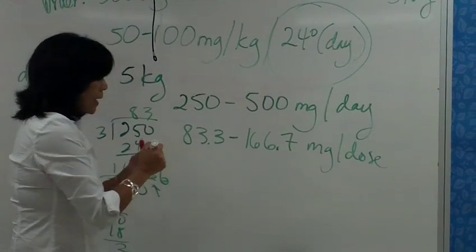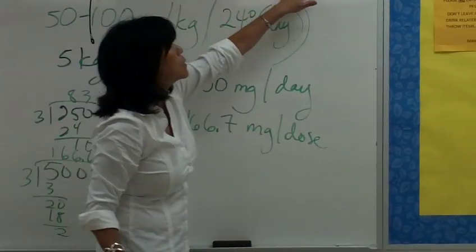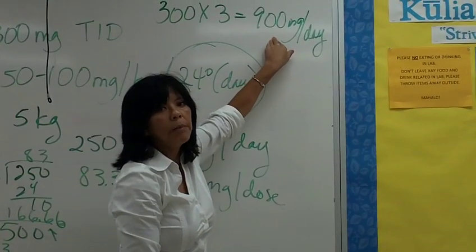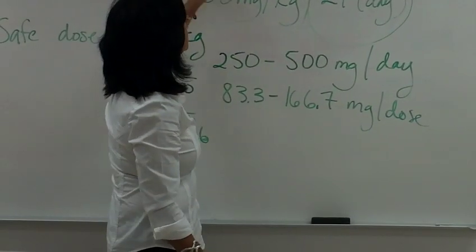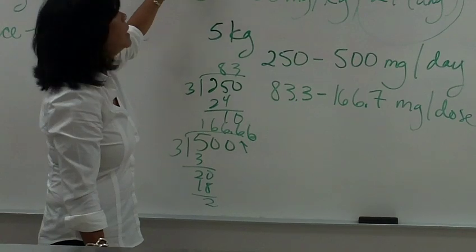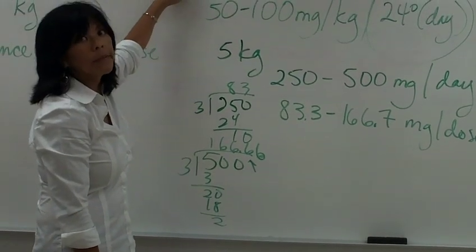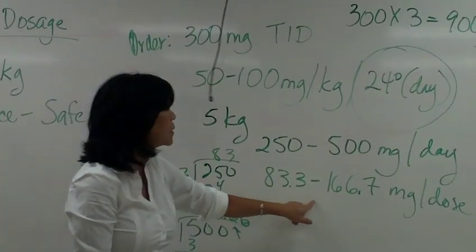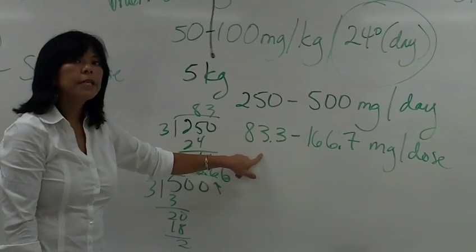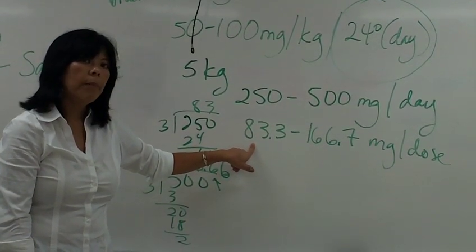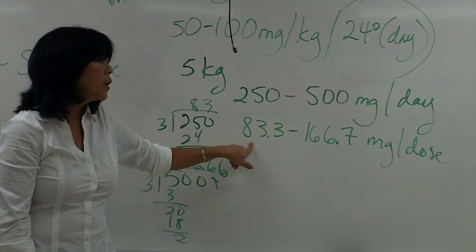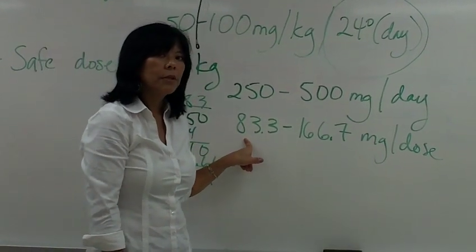So either way, whether you're going to do it this way where you total up the whole amount of milligrams you're going to have per day and compare it to your all-day range, or some people prefer to do it per dose. They can do 300 milligrams TID, compare it then now to the per dose range that you came up with, and you'll still see that it falls above the safe dose. So you're going to answer that it's not a safe dose.